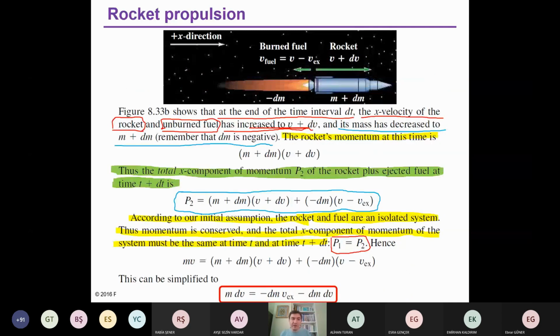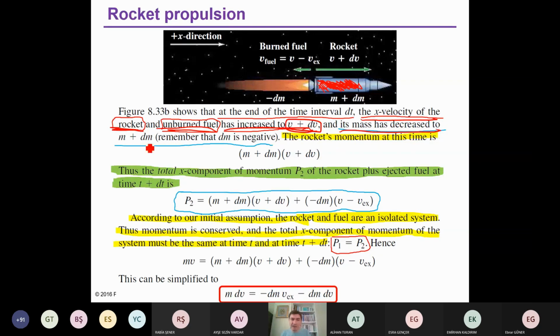Then the x velocity of the rocket and unburned fuel. Within this rocket we have another fuel, which is unburned, and we will use this fuel later on. It has increased to velocity v plus dv. So the velocity of the rocket and the unburned fuel within it is increased and its mass has decreased to m plus dm.